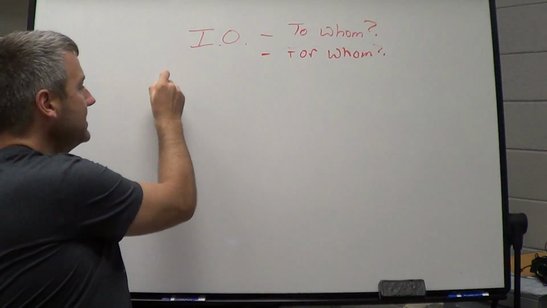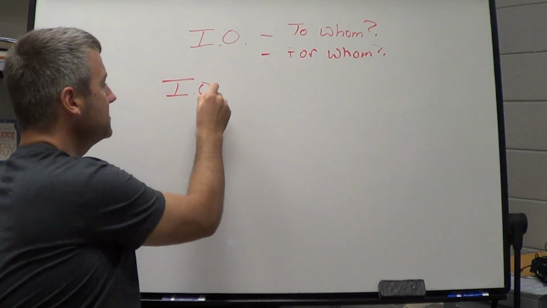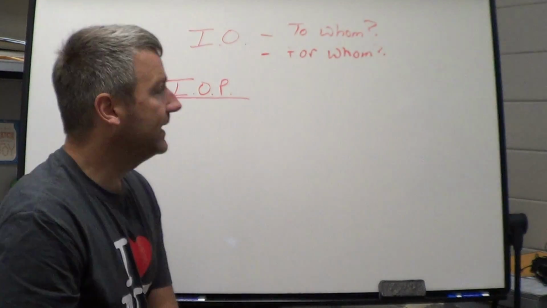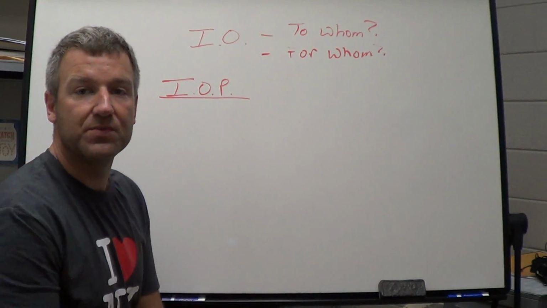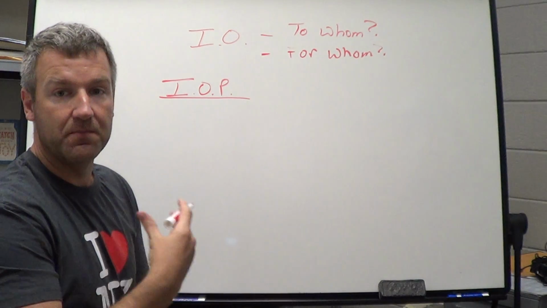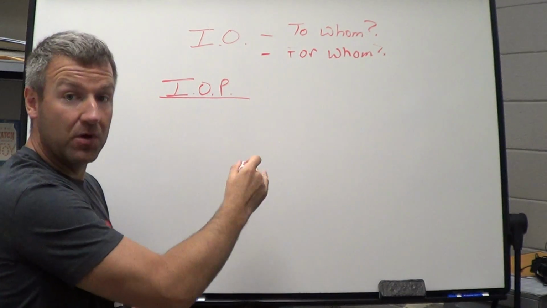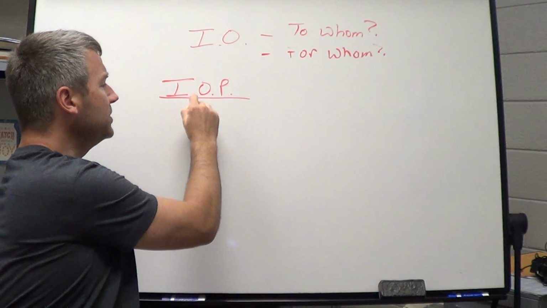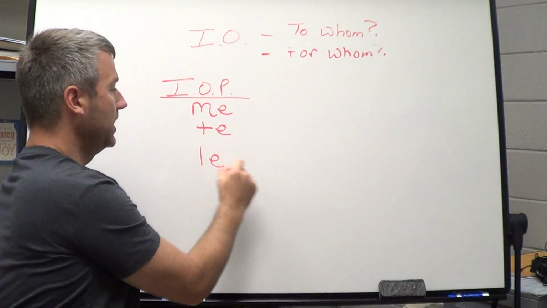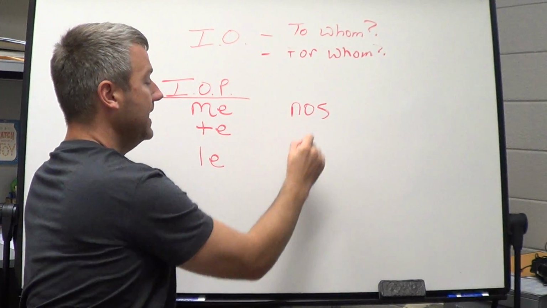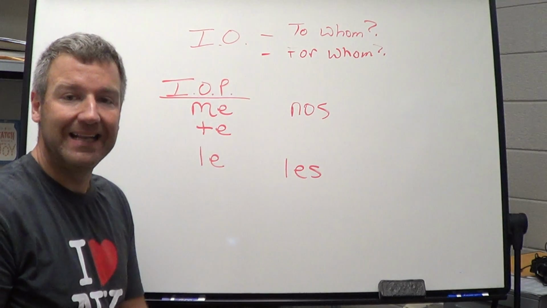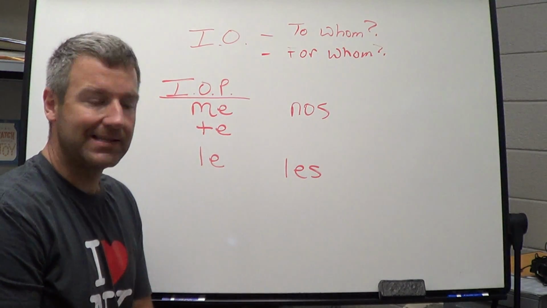Now, our indirect object pronouns that we use when we are saying that someone is receiving some kind of action, or that something is done to him or to her or to me. These are the indirect object pronouns we use. We can use me, te, le, nos, and les. Okay? Me, te, le, nos, and les.